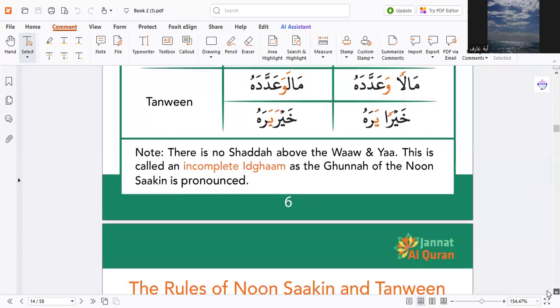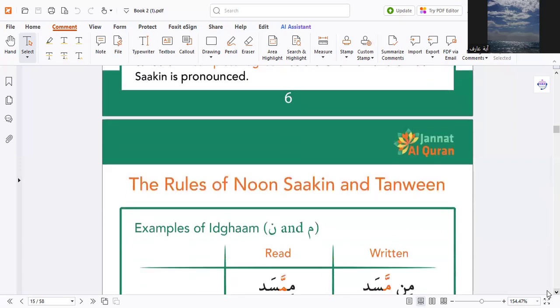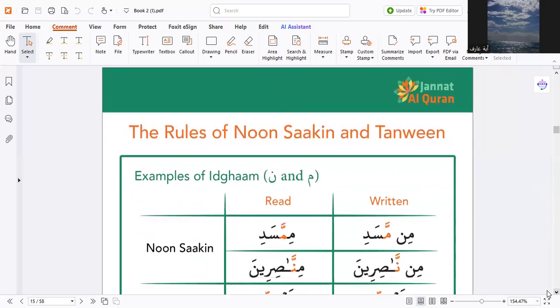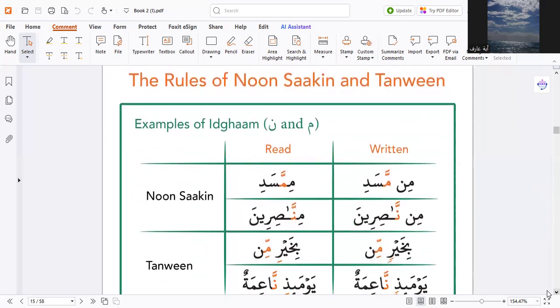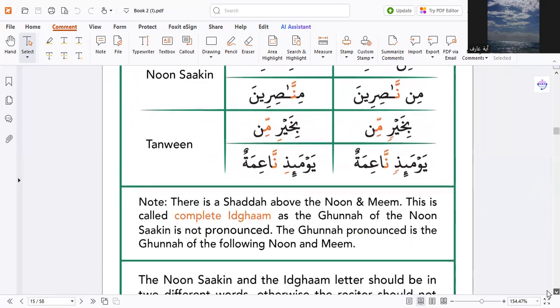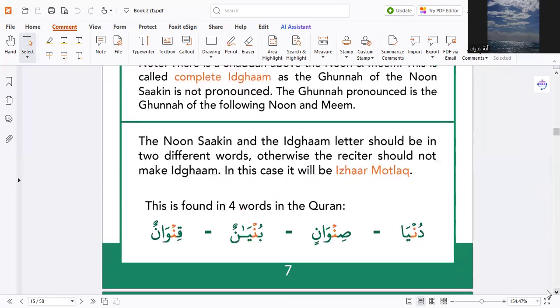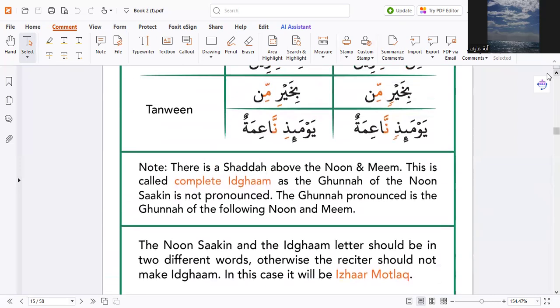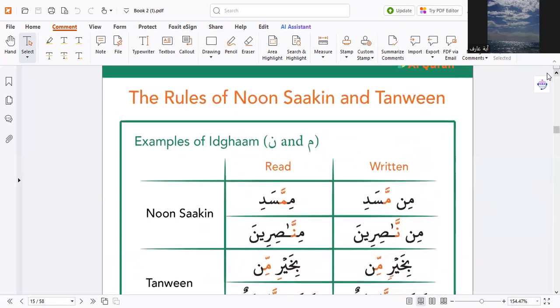We are going to move to another section of examples of the rules of the noon sakina and tanween. Here is another example: a noon sakina followed by mim.